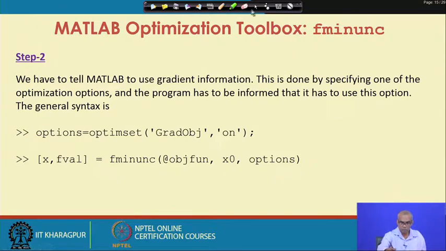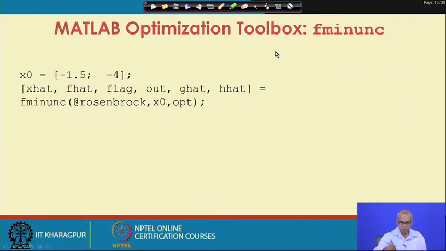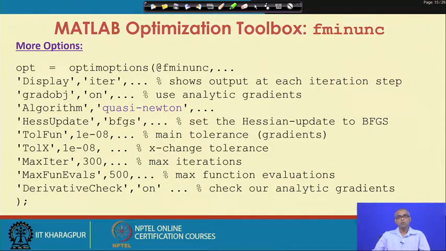Now, there are many other options that you can use. These options are shown here. You can define these options as OPT equal to optim options within brackets at fmin, that means the name of the solver, and then all the options. Display iter means it will show output at each iteration step.